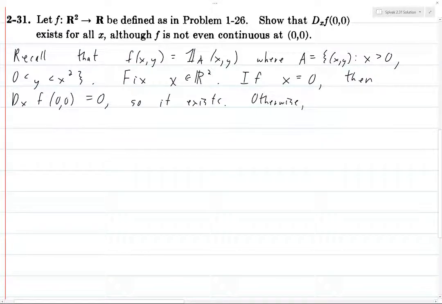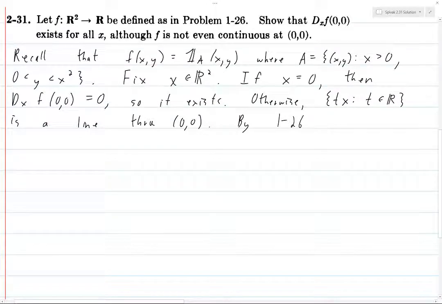That's a trivial case. Otherwise, if x is not 0, the set of all points tx, where t ranges over all values of R, is a line through the origin and through x, of course.